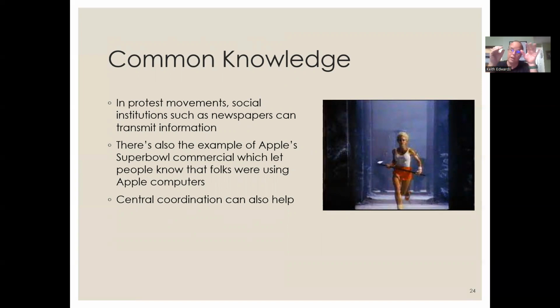It's got some strong 80s vibes, obviously, but it was voted as one of the most influential commercials of all time. Of course, central coordination can also help. If you have something like a union that coordinates movements of the members, that can certainly help other people to know what's going on.